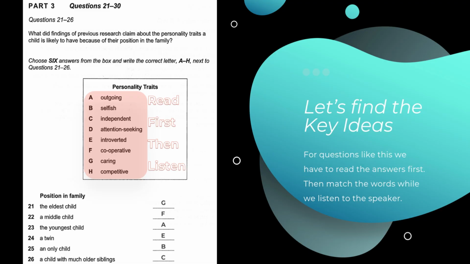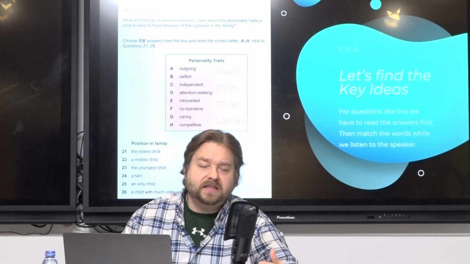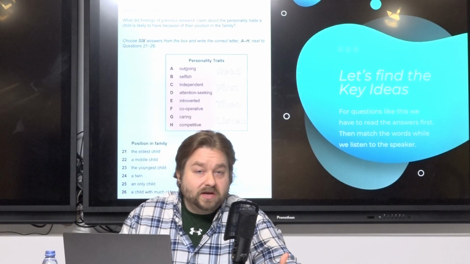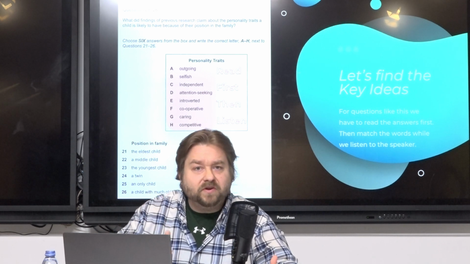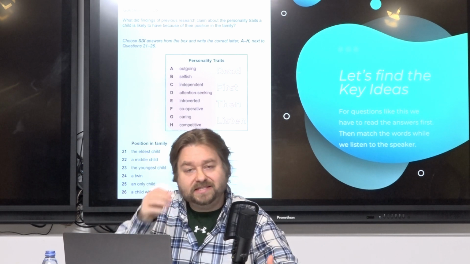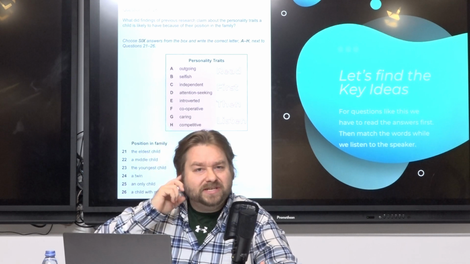Let's look at 3. For questions like this, we have to read the answers first, then match the words while we listen to the speaker. So before you do anything, you always read the questions. Well, here, it's the opposite. We have to read the answers first. Read them first, and then listen, because now we know what to listen for.